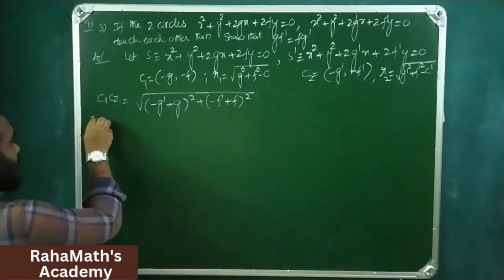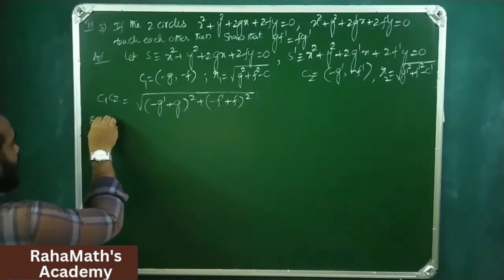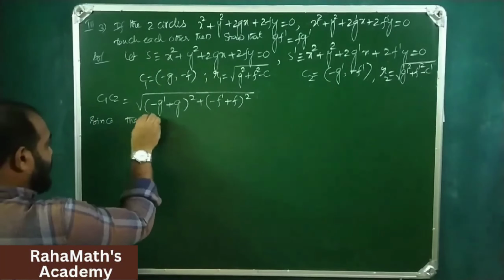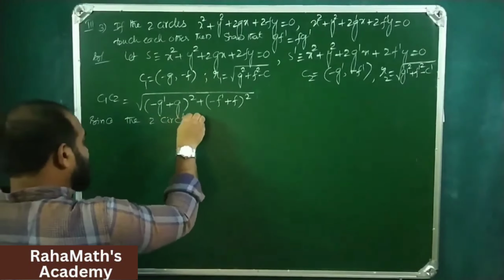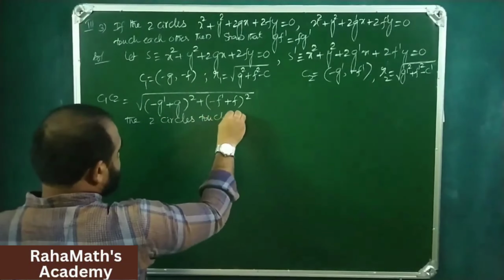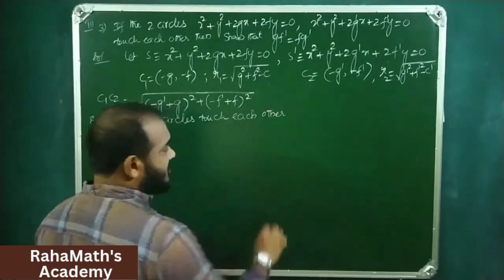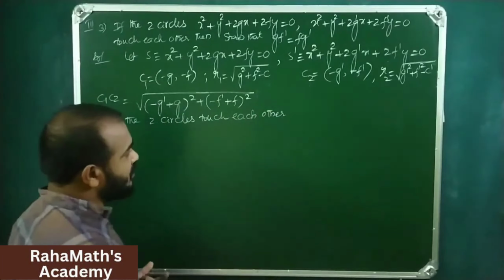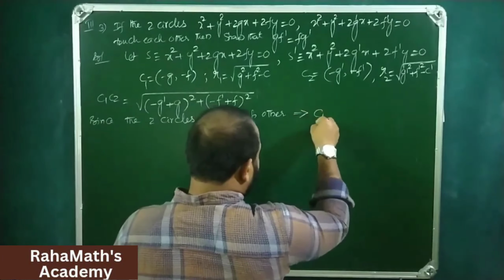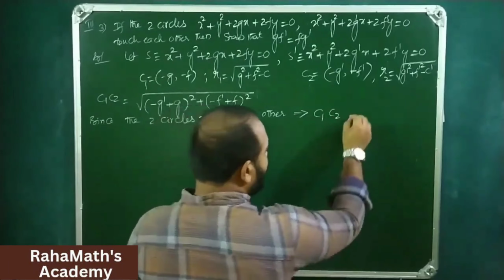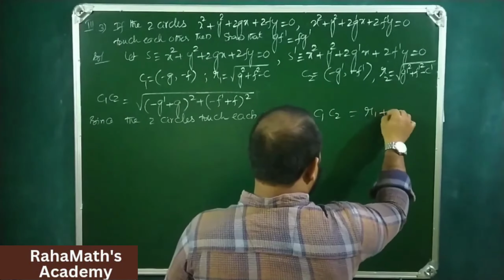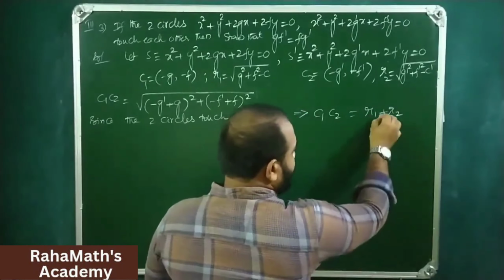So since the two circles touch each other, I don't know whether the two circles touch each other internally or externally, for which I will take the generalized condition to be C1 C2 is equal to R1 plus or minus R2.